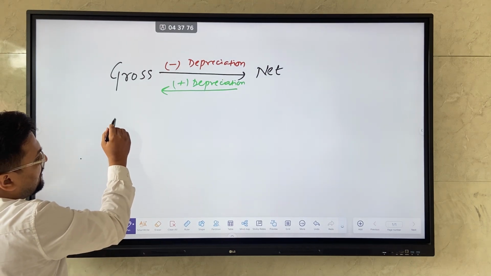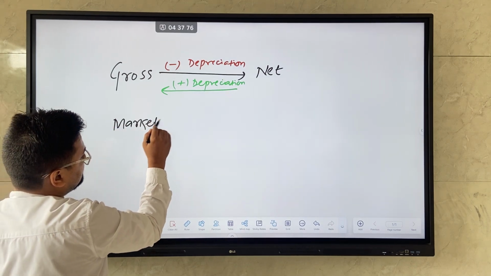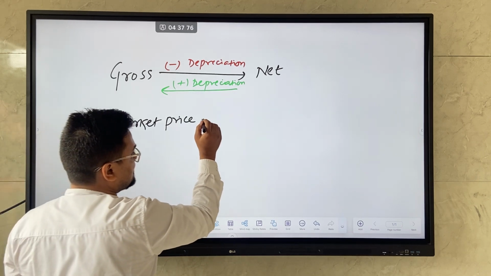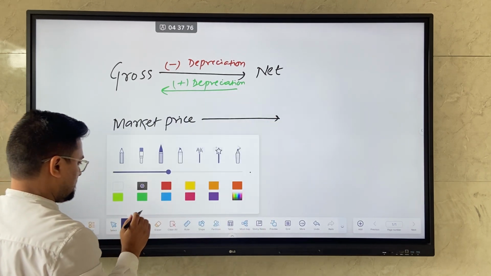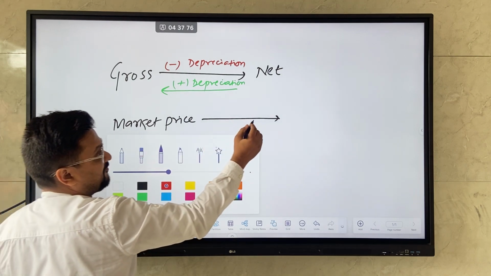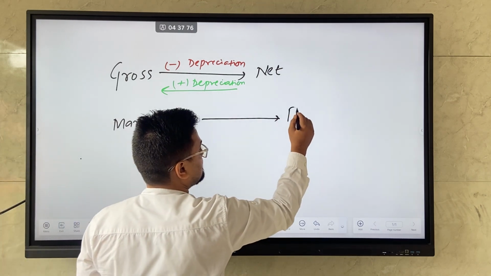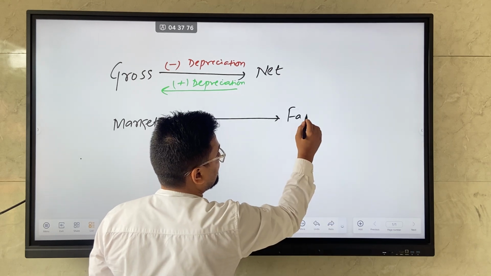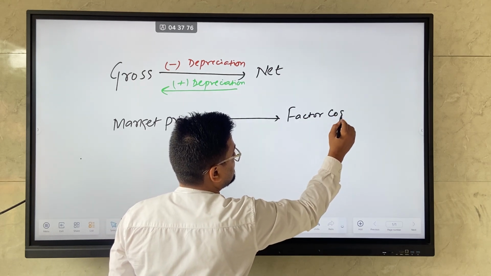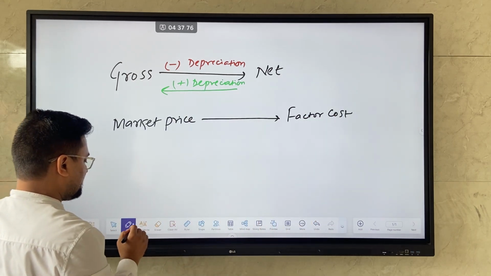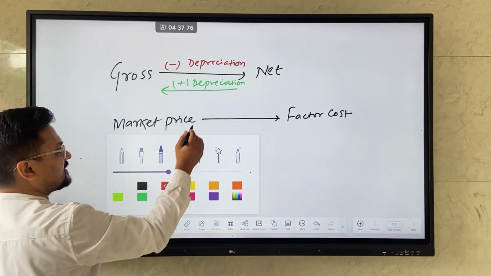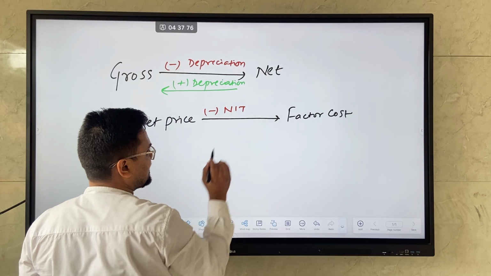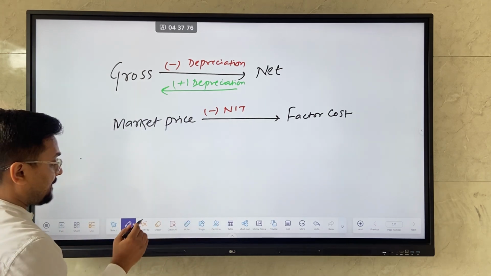The second one: if we have market price, in order to get factor cost, or you can say, if we are writing the full form, factor cost, what we can do is subtract net indirect taxes, NIT.